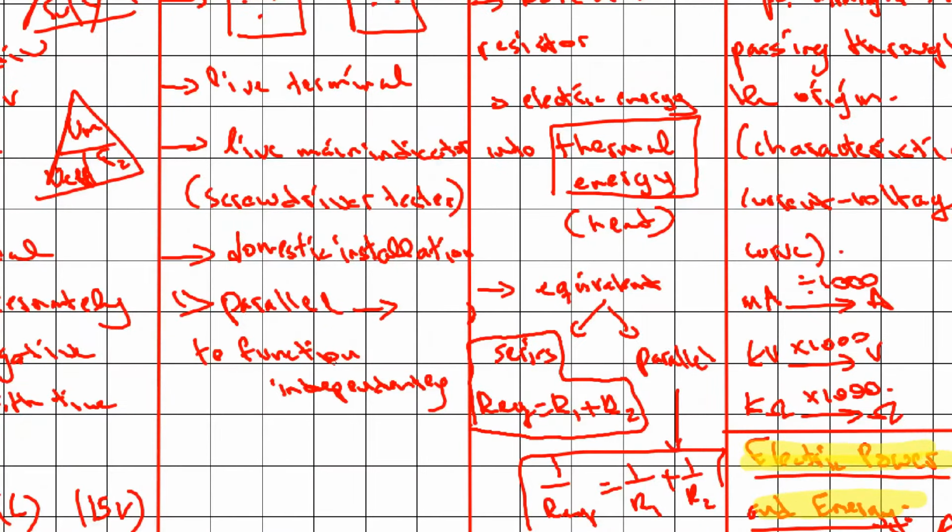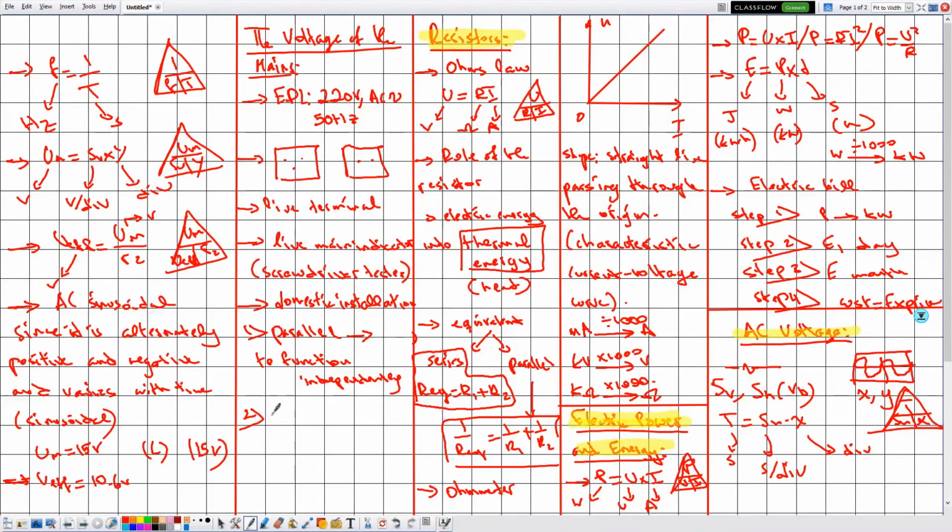Whenever they ask why they are connected in parallel, the reason is to function independently. Then why do they have the same voltage? Because they are connected in parallel, and this is given by the law of uniqueness of voltages.